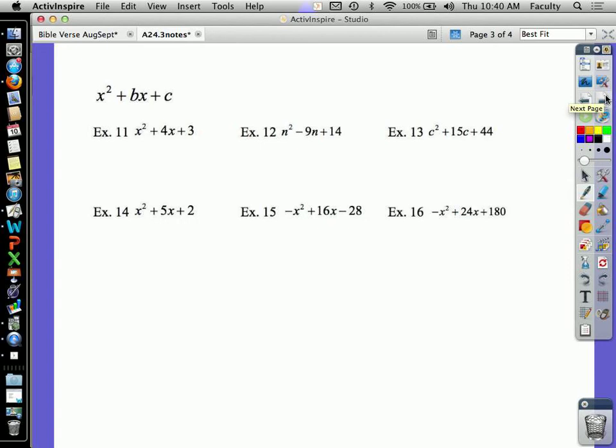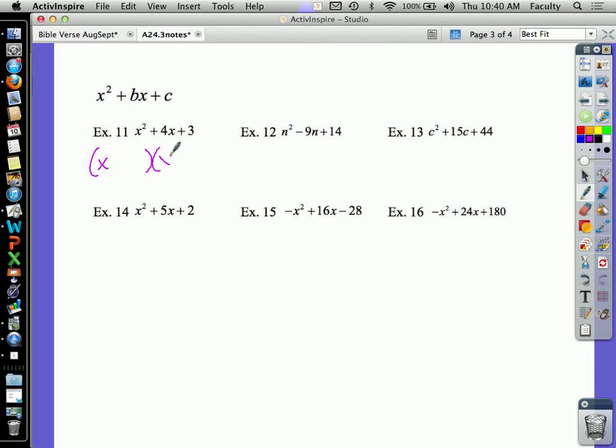All right, x squared plus bx plus c. This is not a typo. There is no number in front of x squared except a 1. When you have this, you want to see, is it a perfect square trinomial? I can tell very quickly it's not, because 3 is not a perfect square.